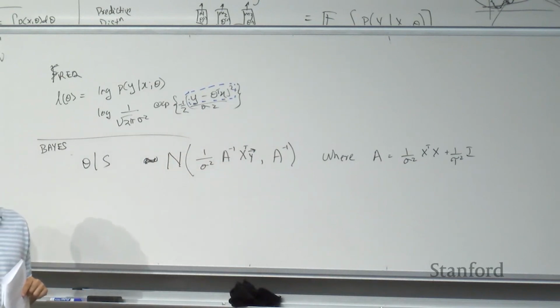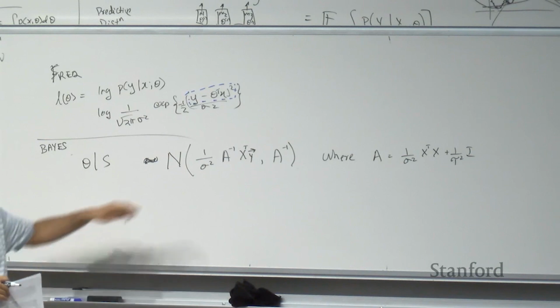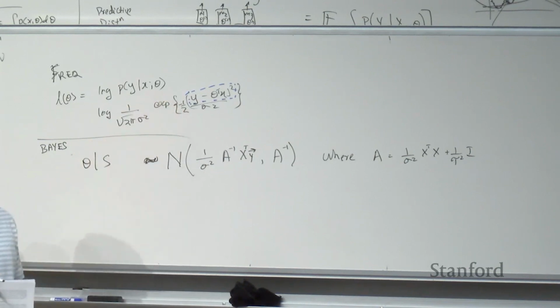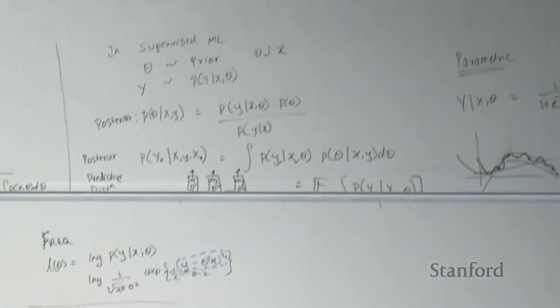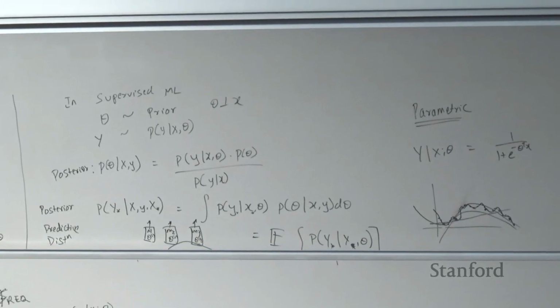Question? Just a question about the first line. The posterior, if in our prior we are assuming theta is independent of x, even in the posterior, is P of theta given x comma y just P of theta given y?